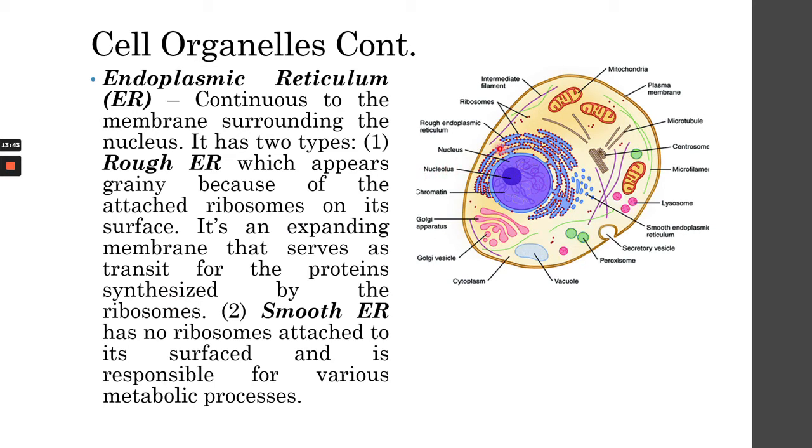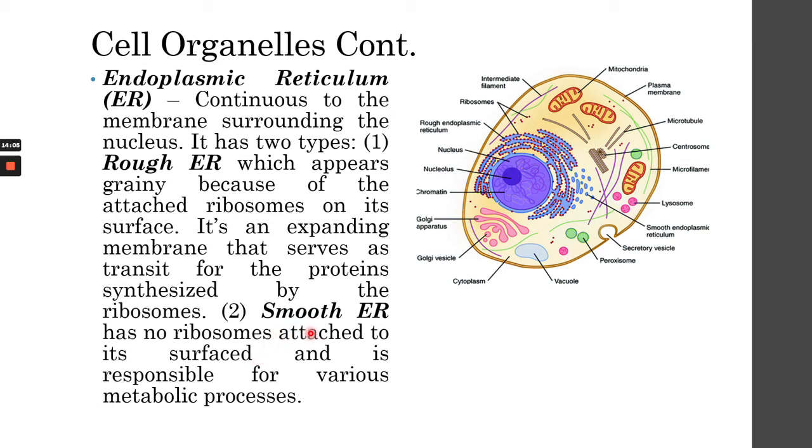So as you can see here, maraming ribosomes, so meaning they synthesize the proteins. And ang ginagawa ng endoplasmic reticulum, kung saan naka-attach yung ribosomes, is that it transports the proteins from the endoplasmic reticulum and later to the Golgi complex.